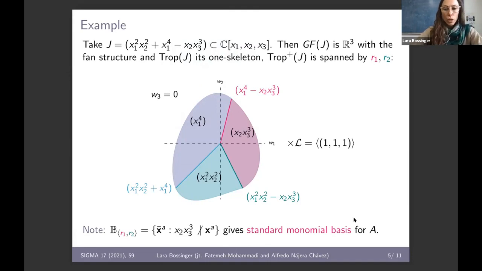And the same is true if this monomial ideal is the initial ideal of my ideal I started with. So if A is the quotient, in this case of the polynomial ring of three variables by J, then for every maximal cone, I will get a standard monomial basis that consists exactly of the cosets of all the monomials that are not contained in the monomial ideal.